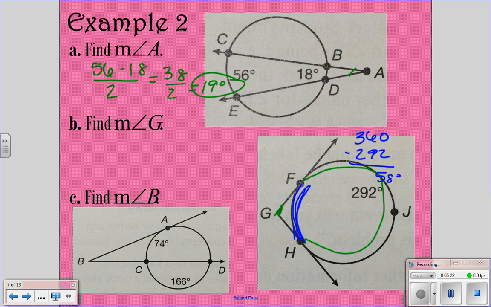So this blue part is 58 degrees. So to find the measure of angle G, we would do 292 minus 58 and then divide by 2. And so if you subtract, I'm sorry, that's not going to be 58 degrees. That's going to be 60.